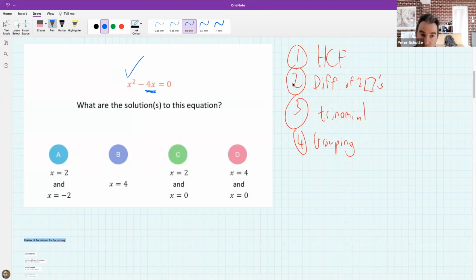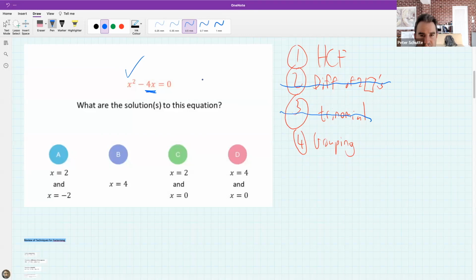The standard form is ax squared plus or minus b plus c. So we don't have the b, so I think that b will be equal to 0. Yes, there's no b, but we have the c. Now which technique do you think we would use to factorize?